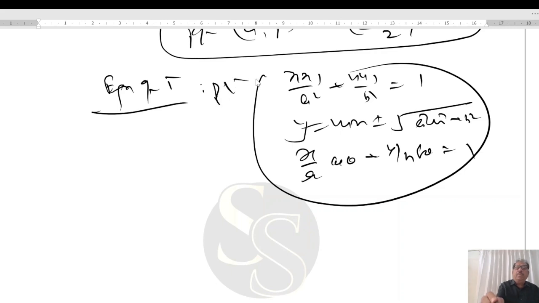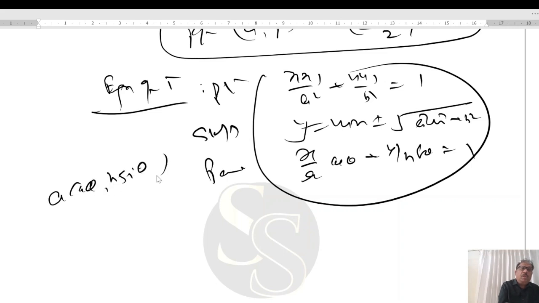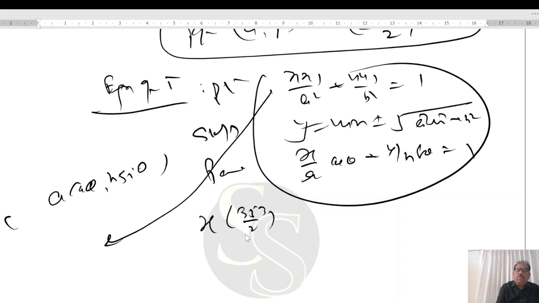This is the point form, this is the slope form, this is the parametric form. In the parametric form, the point is a cos theta, b sin theta. In this case, the point is given to you, so using this form, the equation of tangent is x times 3 root 3 by 2 upon 9 plus y times minus 1 upon 4 equal to 1, right?